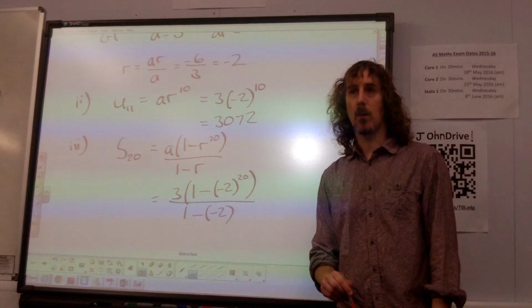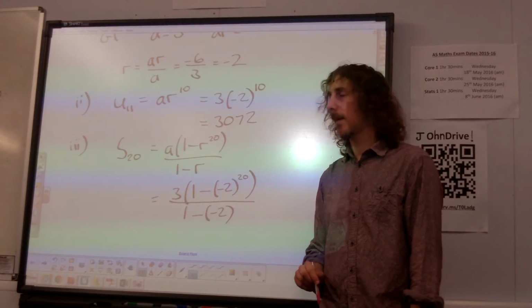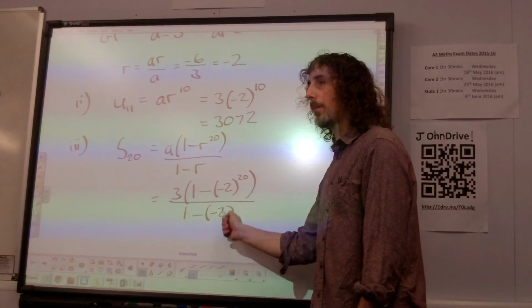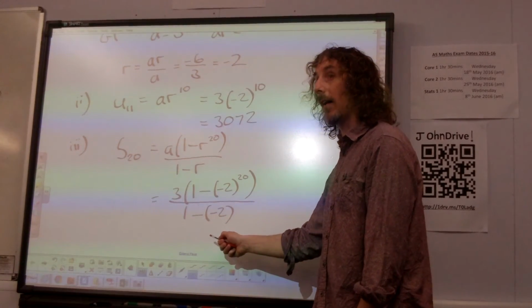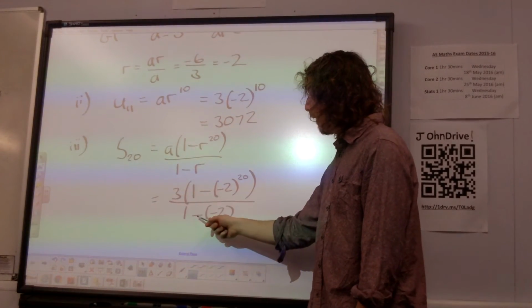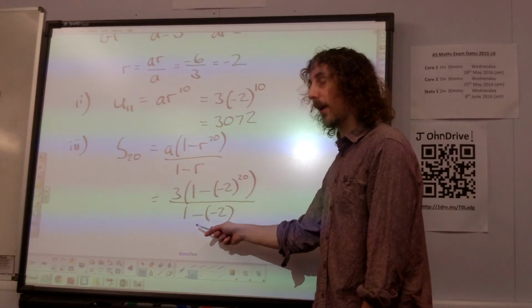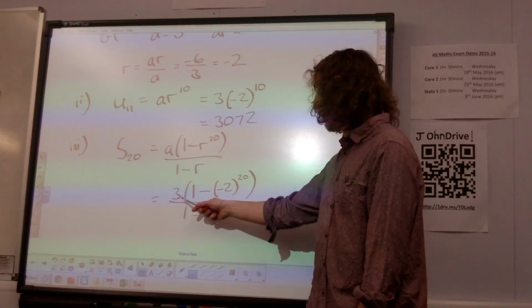Now if we think about what is happening with the numbers in here, this bottom line is going to be positive. In fact, it's 1 minus -2, which is 3. We've got 3 on the top.